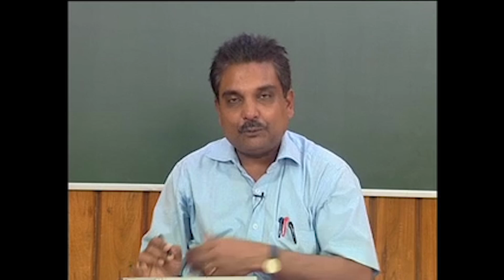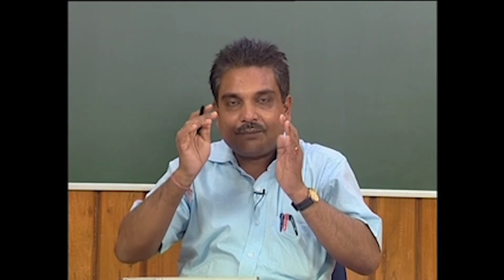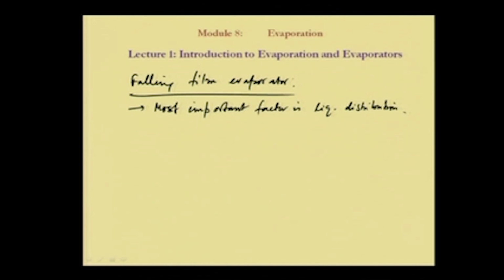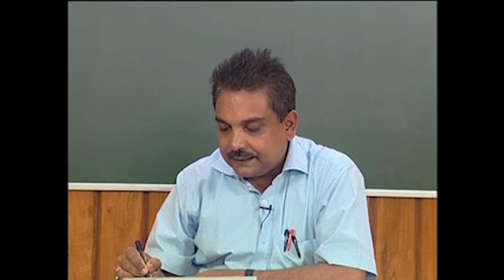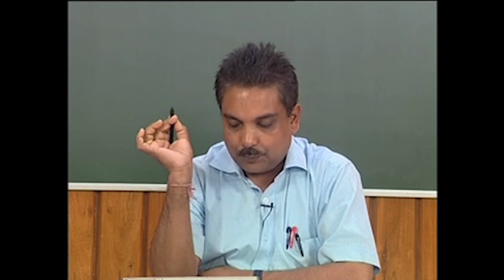From the name itself we can say that liquid is falling down in the form of a film, okay. If this is the tube, the liquid will fall as a film here. This is the film and this portion will be the vapor, okay. Vapor in the core will go upward and the liquid will fall down. Vapor will be generated from the liquid and will come in the upward direction.